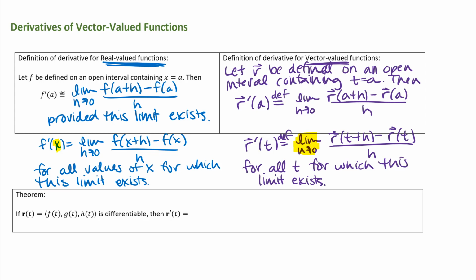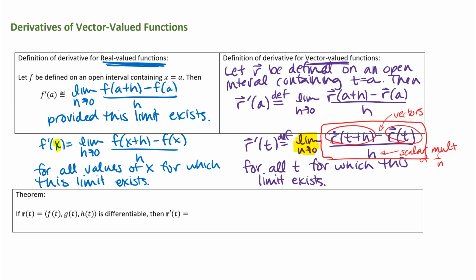Looking at what we're working with here, we have a vector-valued function evaluated at t plus h, and then another vector-valued function evaluated at t, and then we're subtracting those. When I subtract two vectors, I'll get another vector, and then I am multiplying through by 1 over h. So that's really a scalar multiplication. So this whole expression that I get is really a vector. I subtract two vectors, I get a vector, and then multiply through by a scalar, I get a vector. So we're taking a limit of a vector here.